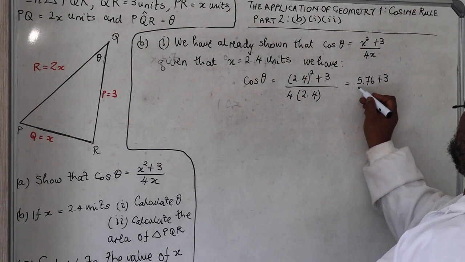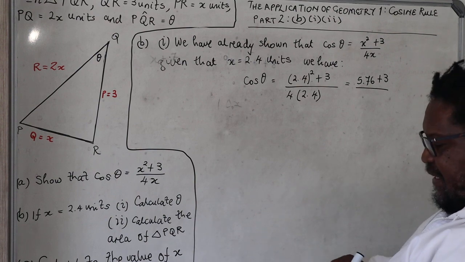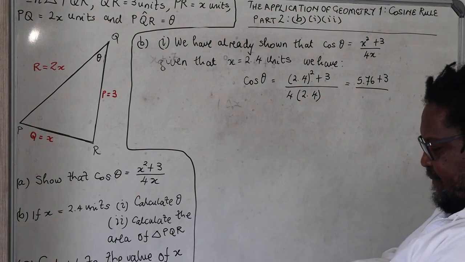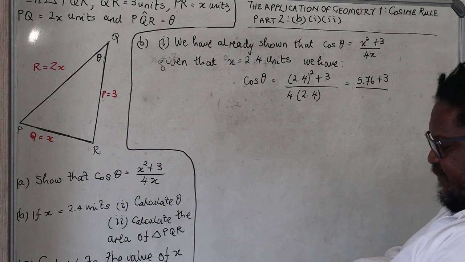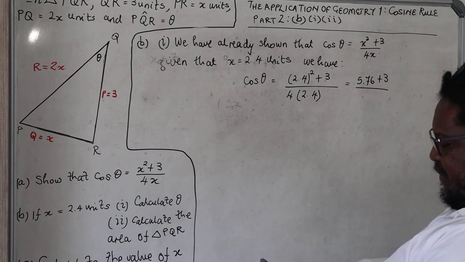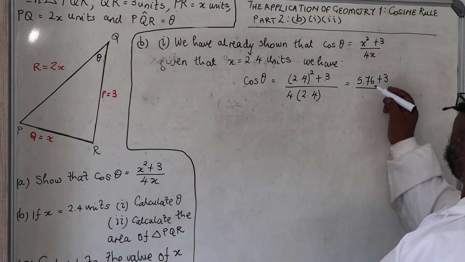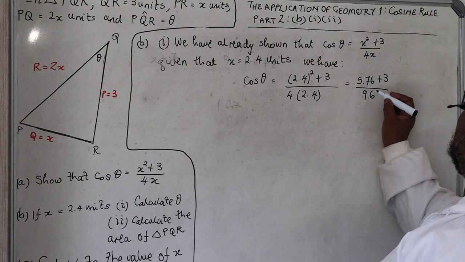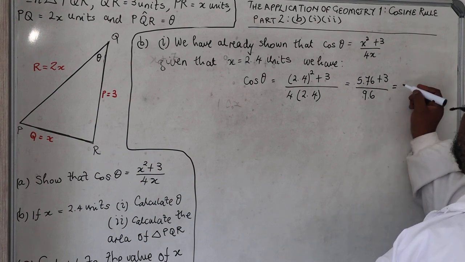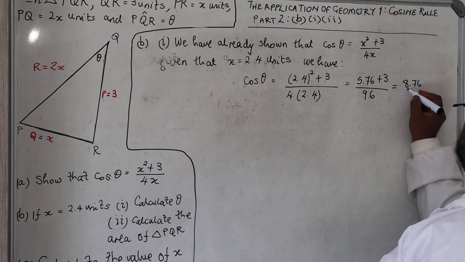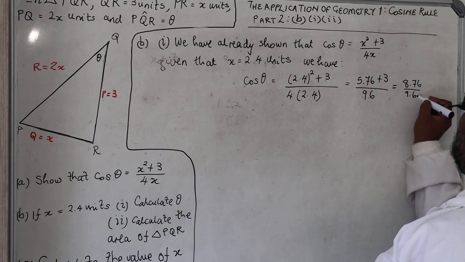Plus 3 over 2.4 times 4, which is 9.6, and this is equal to 8.76 over 9.6.